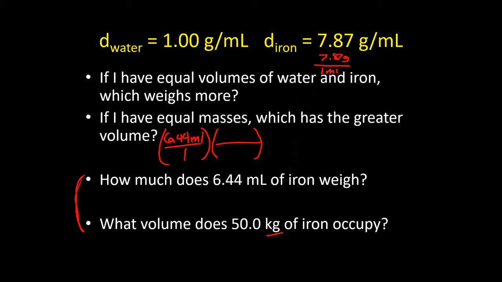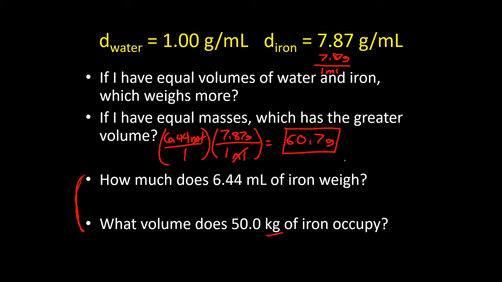So because we have iron, and we know the density of iron is 7.87 grams per mil, we can plug it in just as is, because we want the mils to cancel out. So for every 1 mil, that is the same as 7.87 grams. And if we do that math, that is 50 point, and let's see, I get 3 sig figs there because each of them have 3 sig figs. So 50.7 is what that's going to work out to be, grams, because the milliliters cancel out.